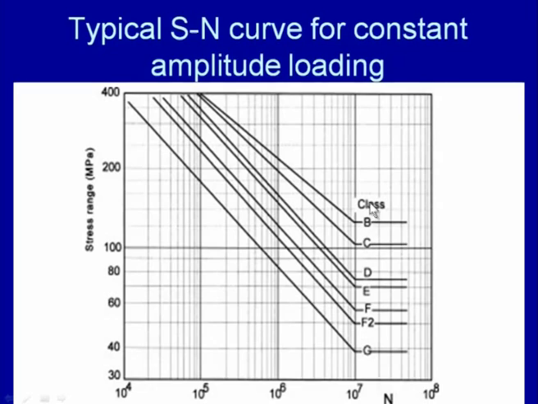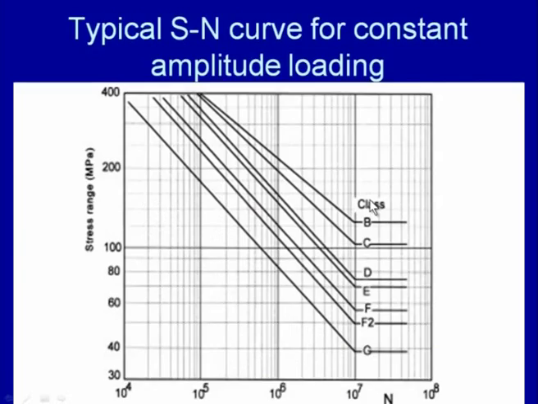So, the higher the class of weld, the lower the severity, meaning the minimum effect of the weld on the fatigue performance of the weld joint.